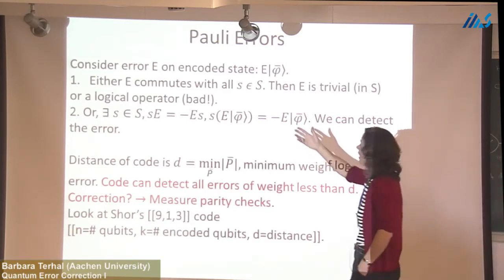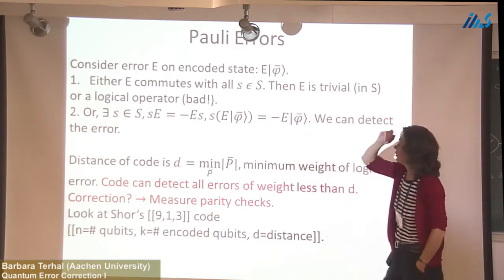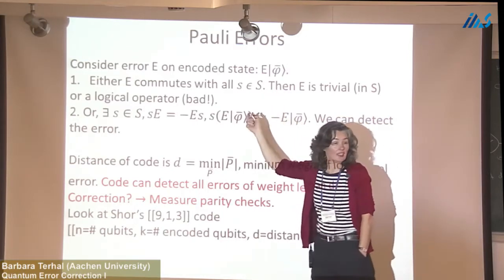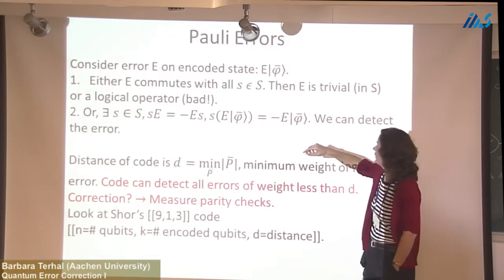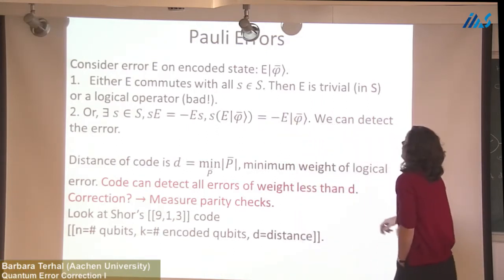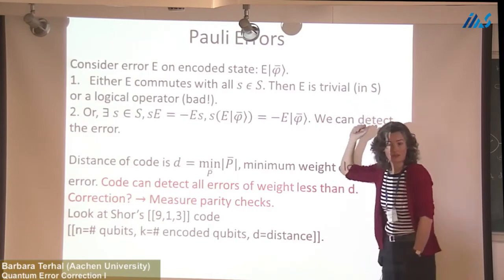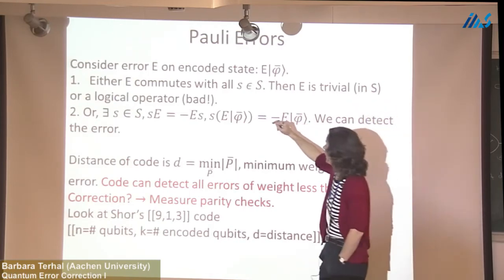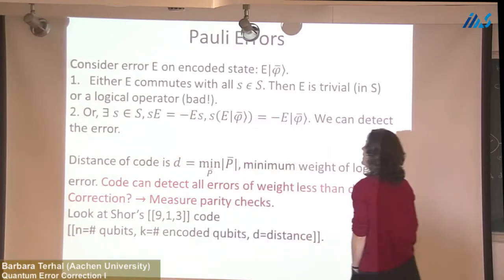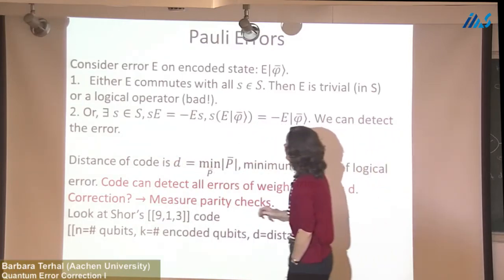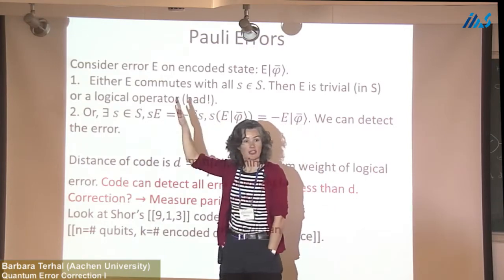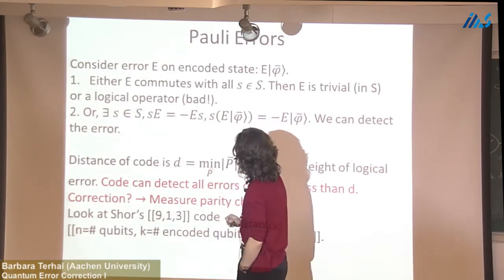An error E is just some element in the Pauli group, and it either commutes with all elements in S, in which case it is in the centralizer of S. Then E is either trivial, which is okay, or it's a logical operator, which would be bad. That would be an error that just implements a logical operator, which is not what we want.